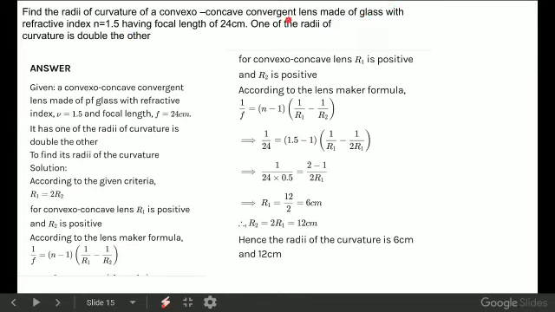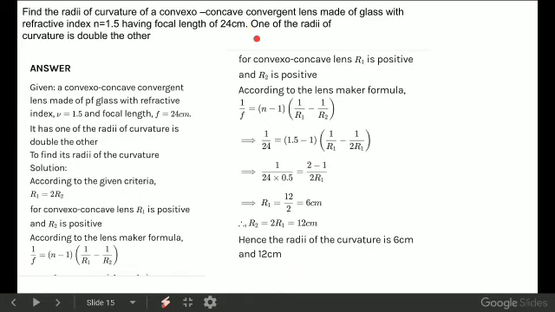In this problem also, the radius of curvature is given, and one of the radii of curvature is double the other, and the refractive index value and focal length value are given. So you can imagine that here also we have to use the lens maker's formula only. Whenever radii of curvature, refractive index and focal length values are given, blindly you should remember that the lens maker's formula should be used.